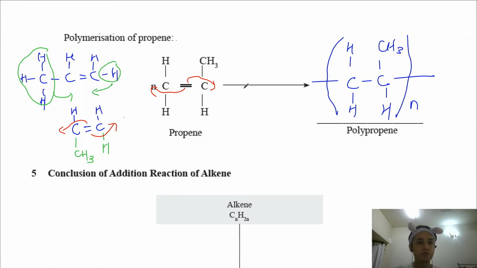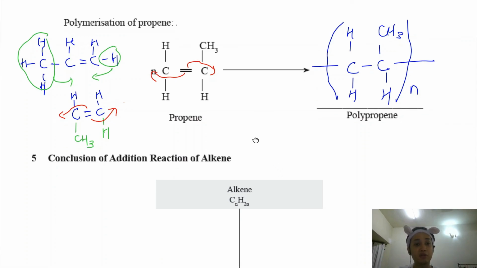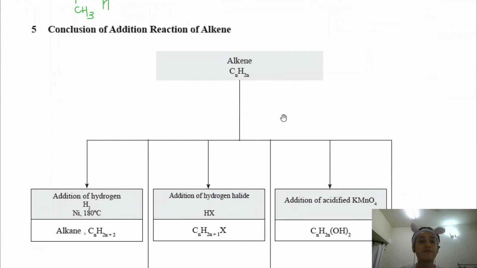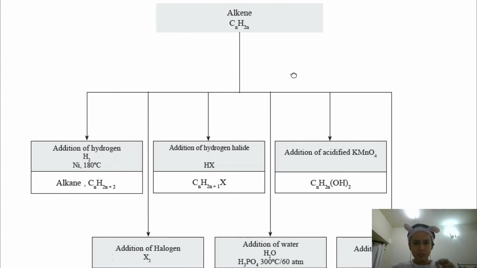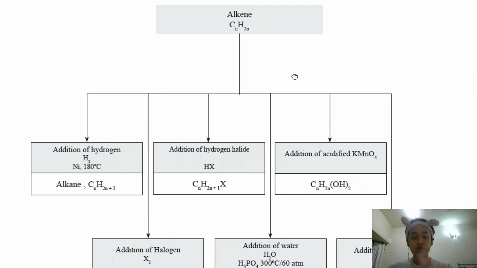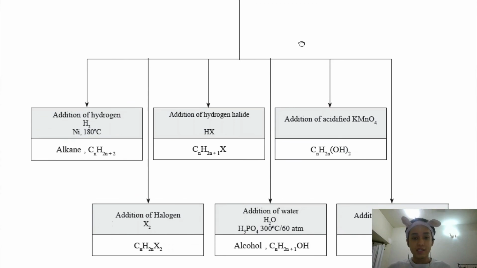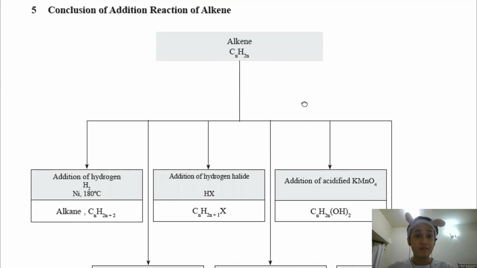So that's it for the polymerization reaction, and that concludes the addition reactions of alkene. There's a lot here, so you really need to make sure that you know how to convert an alkene to other things. Basically this is a summary of the addition reactions of alkene.